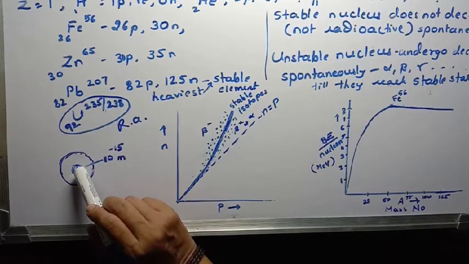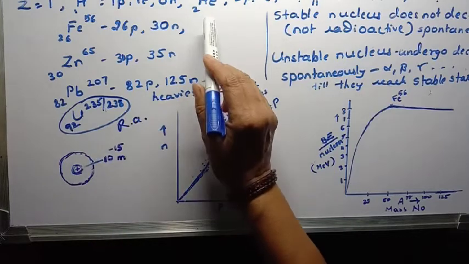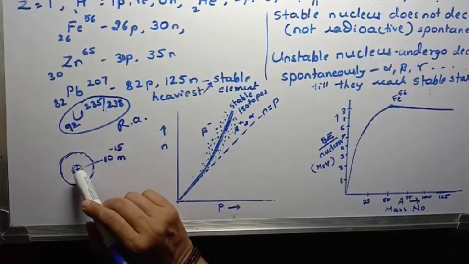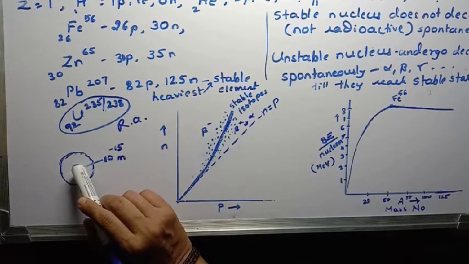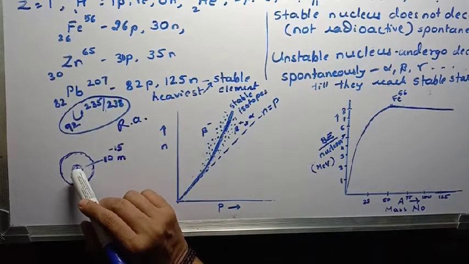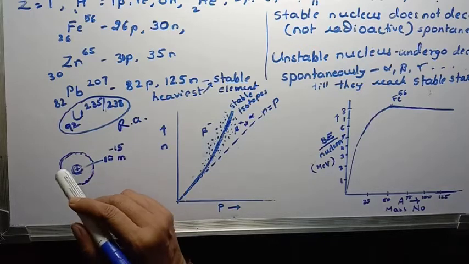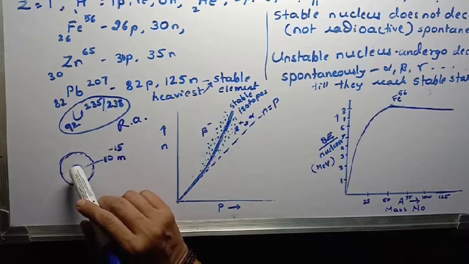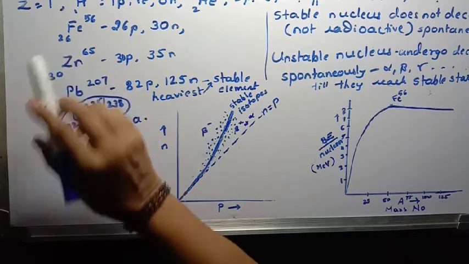For example, in helium, if there are 2 protons present in the nucleus, then there is a force of repulsion between those 2 protons. Similarly, when there are 26 protons, a still greater force of repulsion arises among all the 26 protons.